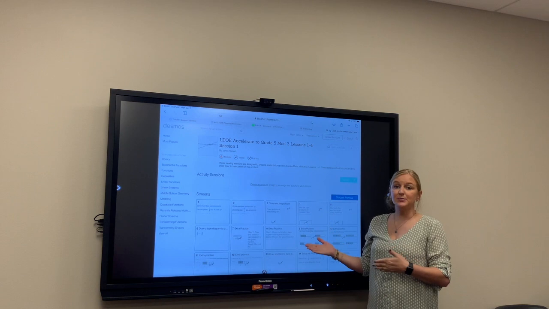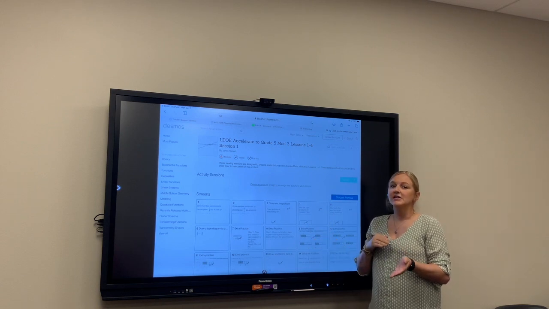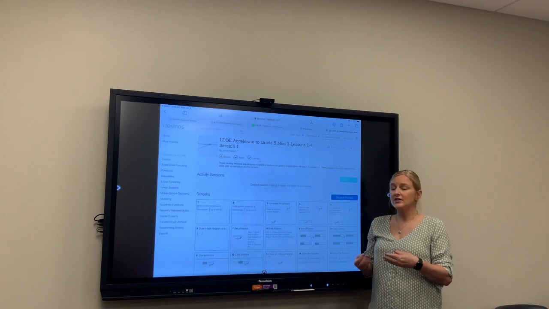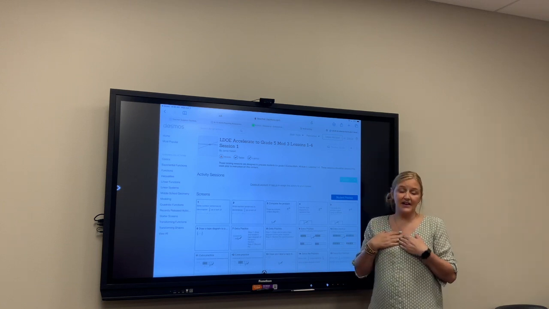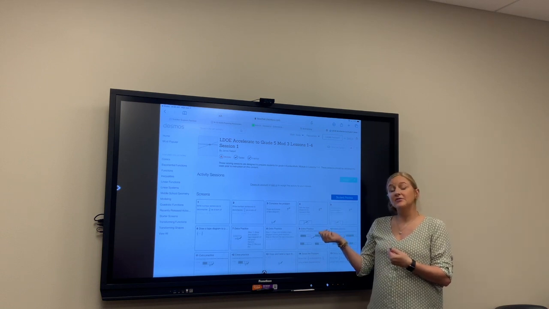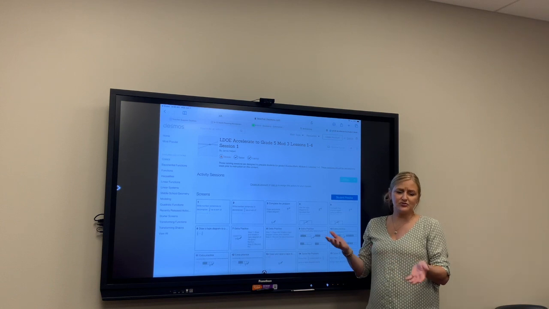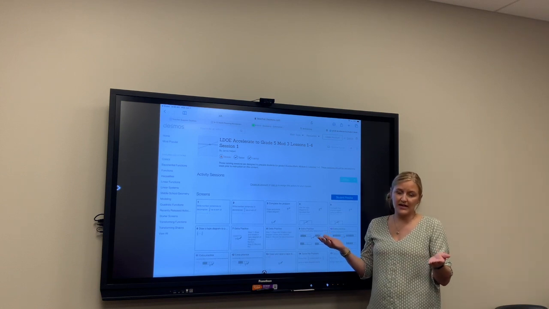So Desmos is a platform free to us. Remember, on page 7 of your handout, there's a guide that you can click on that will bring you to how to set up your Desmos account. What I found is that when I clicked on the link for the Desmos activity, it asked me to sign in with my Google credentials and created me an account automatically.